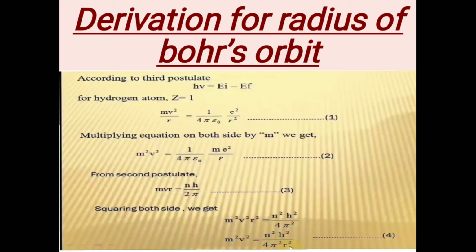Now come on to the next point, that is the derivation of the radius of Bohr's orbit. According to the third postulate of Bohr's theory, h nu is equal to E_i minus E_f, where E_i is the energy of the electron in the inner orbit and E_f is the energy of the electron in the higher or final orbit.